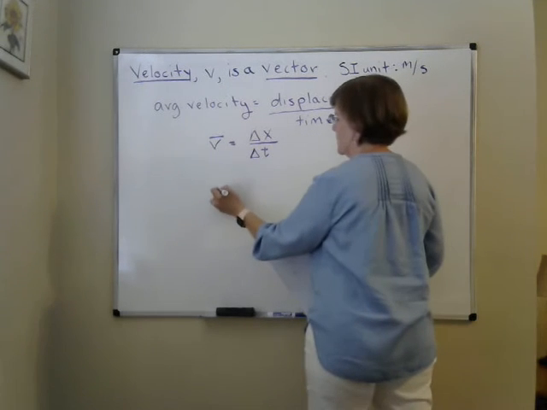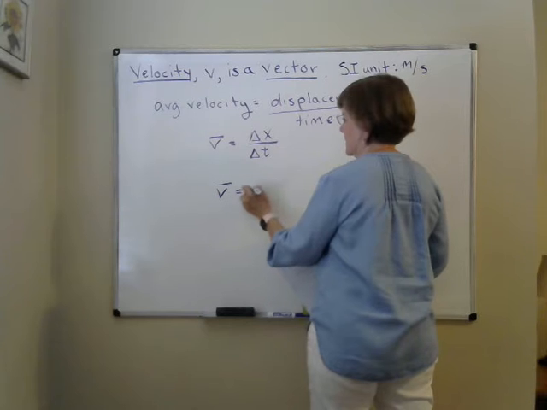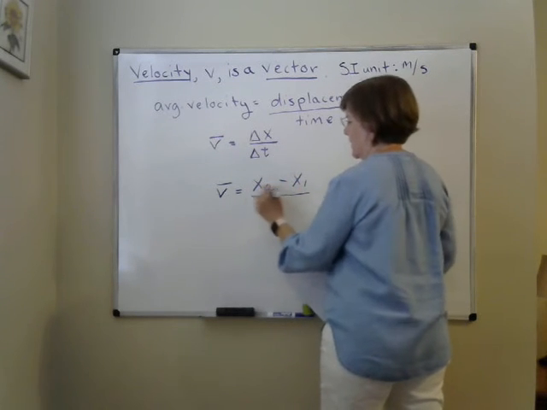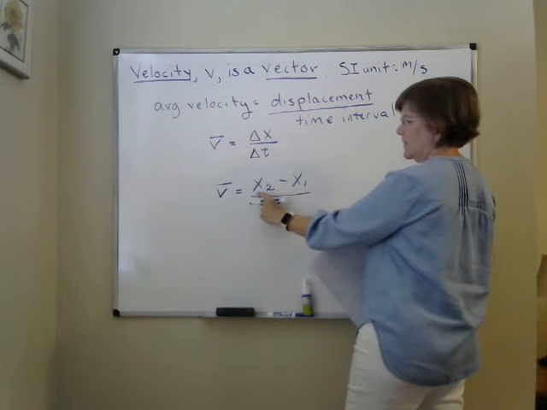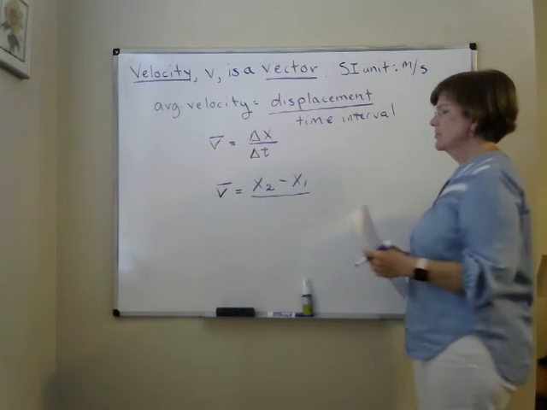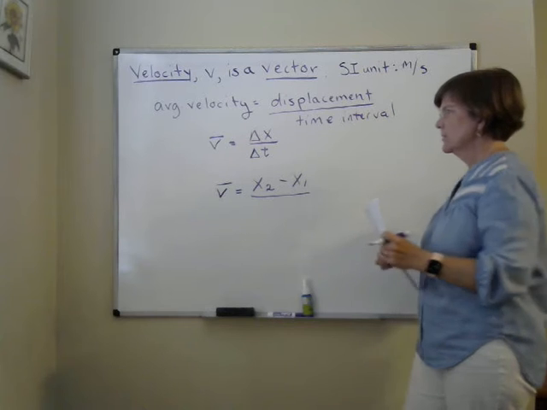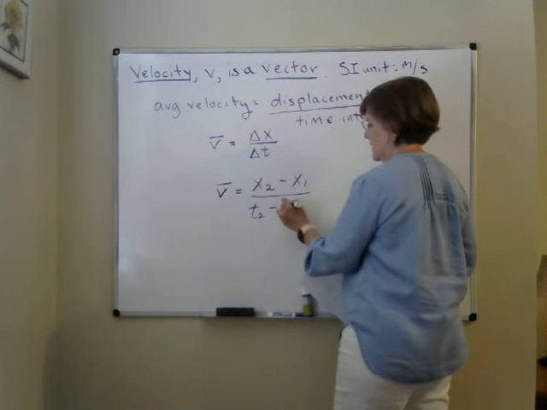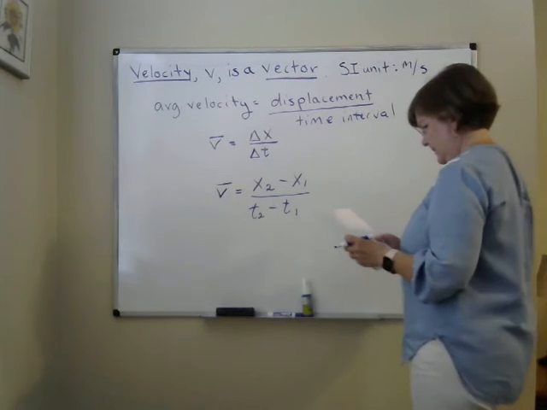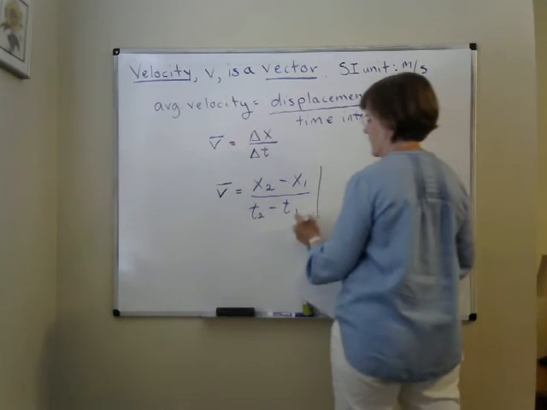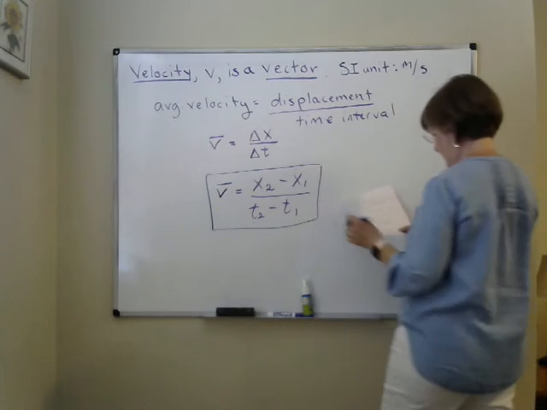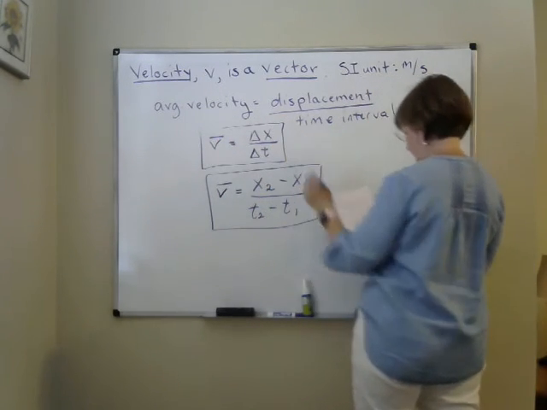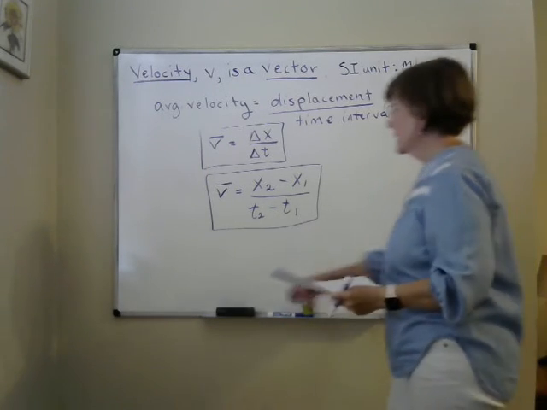Another way you might see this written is that's the first position, that's the second position. So a change in position is the second position minus the first position, and we're t2 minus t1. Either one of those. So let's look at an example.